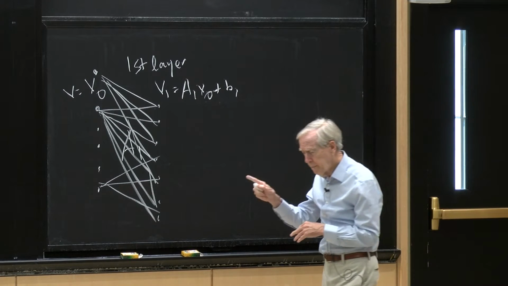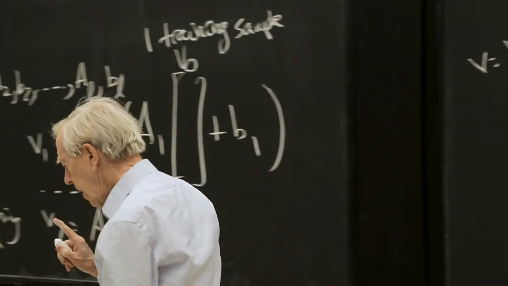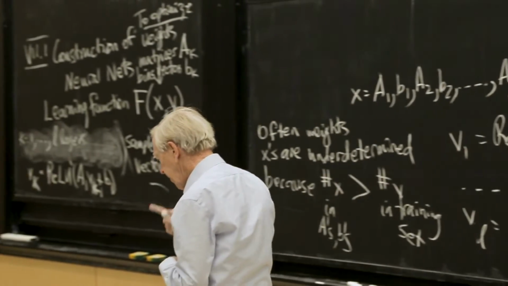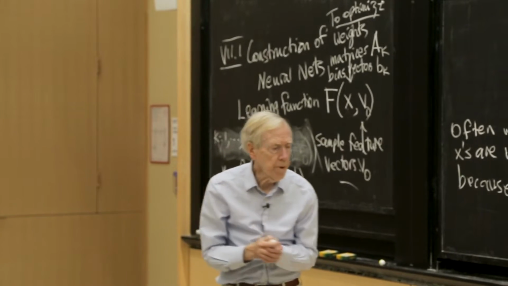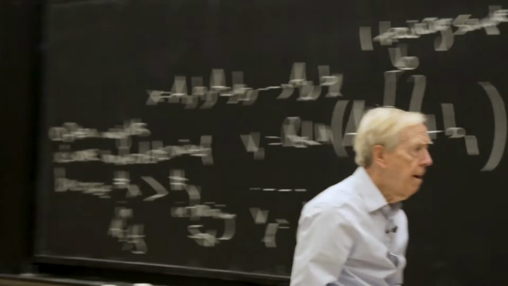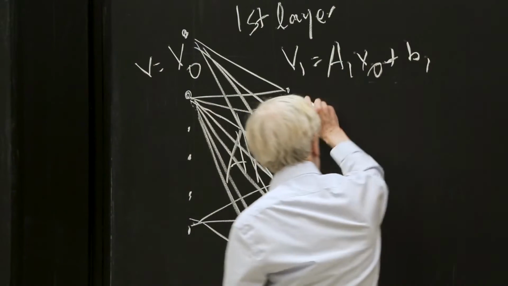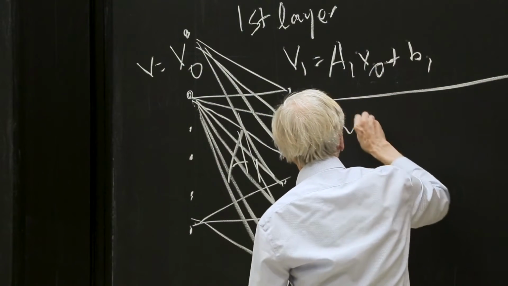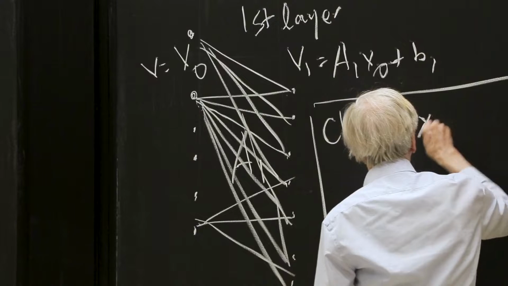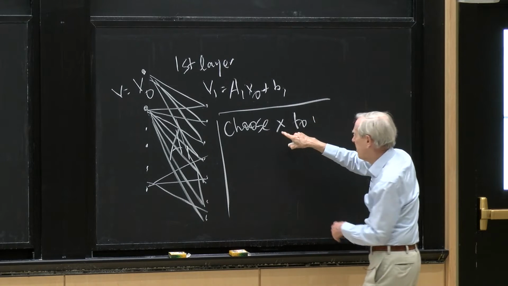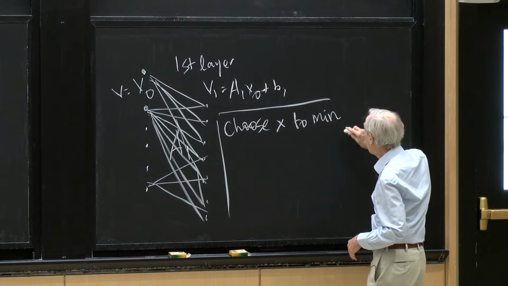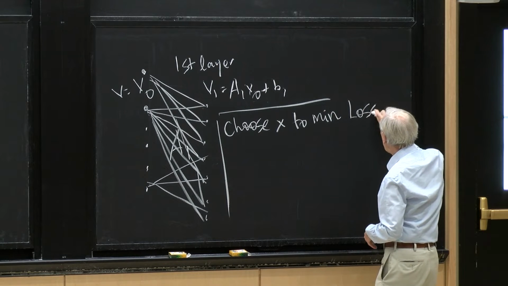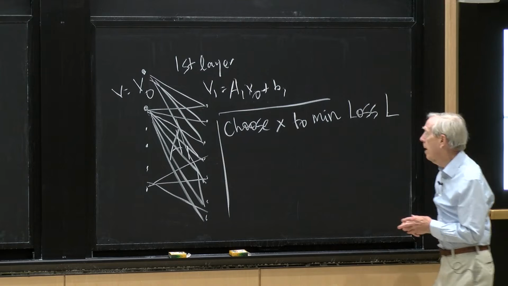Now I haven't yet put into the picture the loss function. So that's the function that you want to minimize. So what is the loss function? We're choosing x, that's all the a's and b's, to minimize the loss function L. Okay.